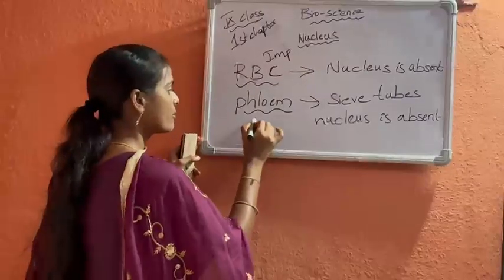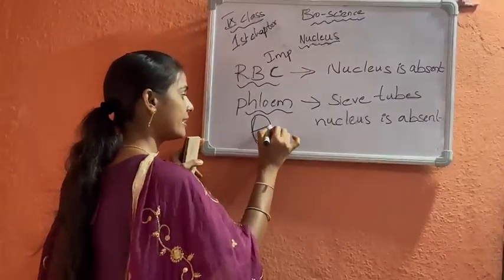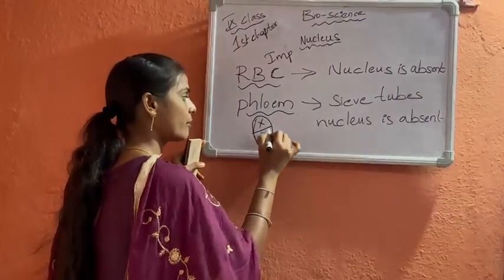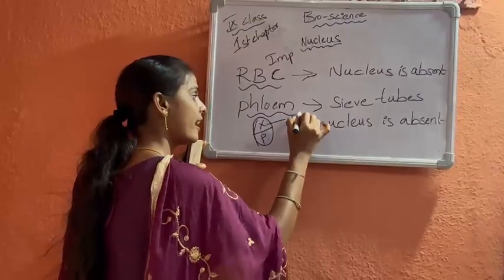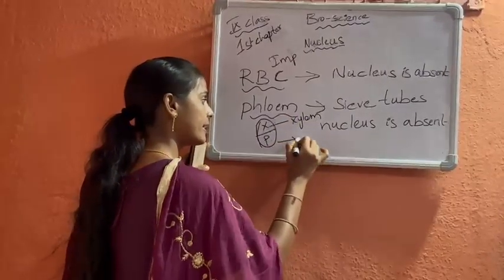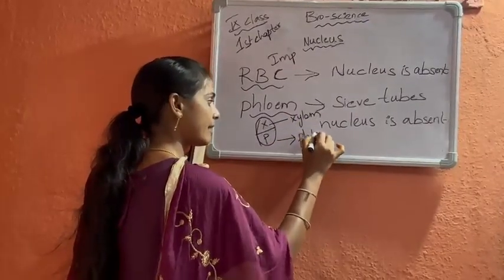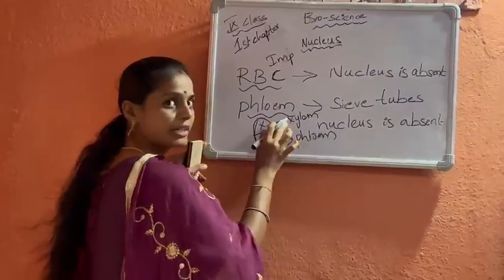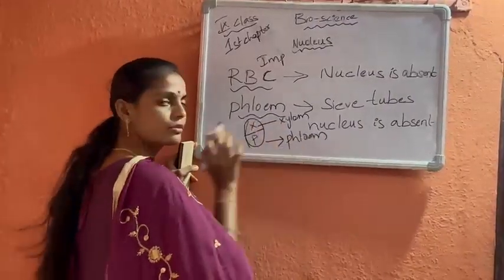What is phloem? This is a vascular bundle. This is the xylem and this is phloem. Xylem conducts water and phloem conducts food material in plants.